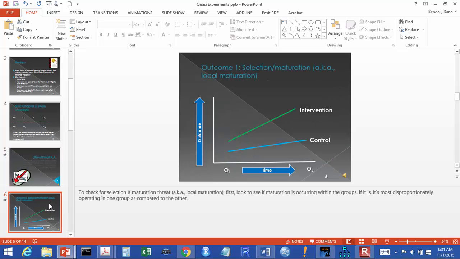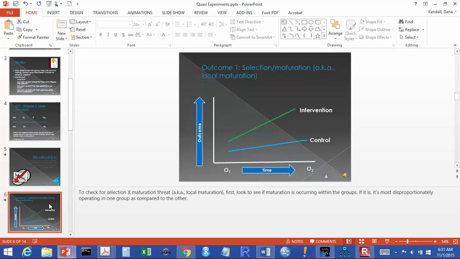Okay, so let's say we have here an intervention group and a control group without random assignment. And we have on the x-axis observation 1 and observation 2. And over time we see the intervention group taking off, and the control group does too, but to a lesser extent, as you can see with the blue line.